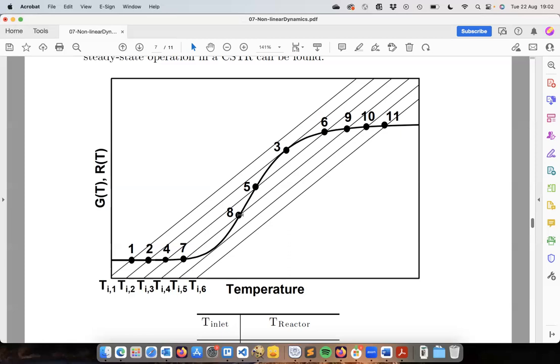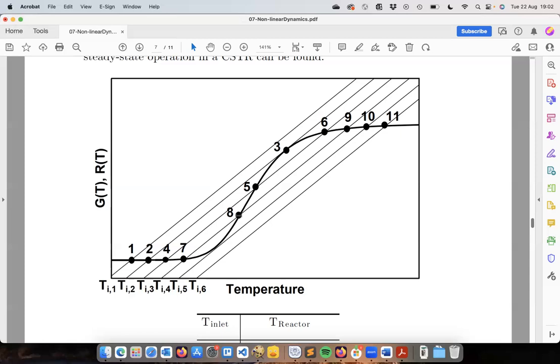If we reach 0.8 and then the temperature increased slightly, then we are sitting somewhere here in terms of temperature where G is greater than R. So at 0.8, we are tending to run away to a different temperature. The moment we go slightly above this temperature at 0.8, the system will run away to a different temperature.